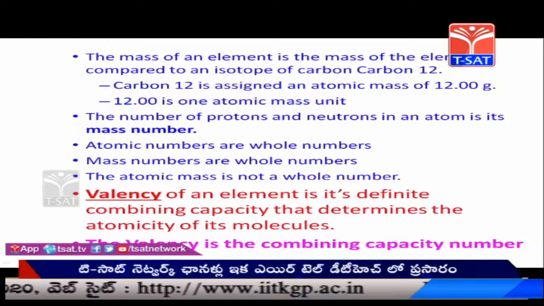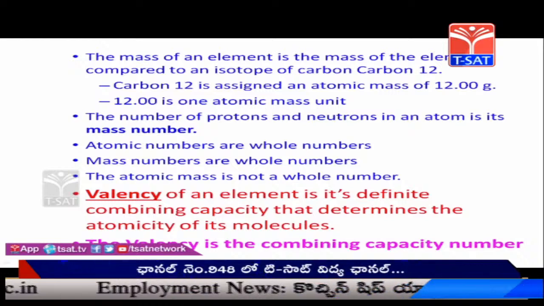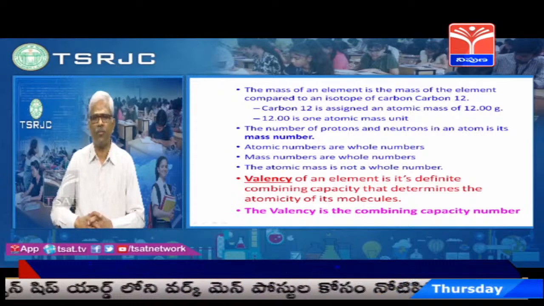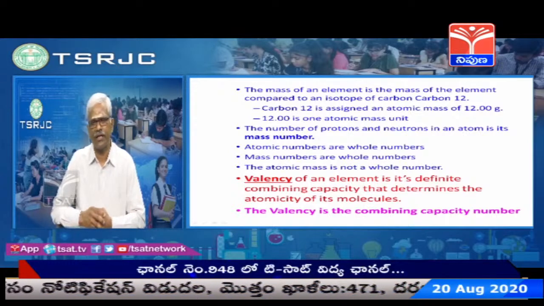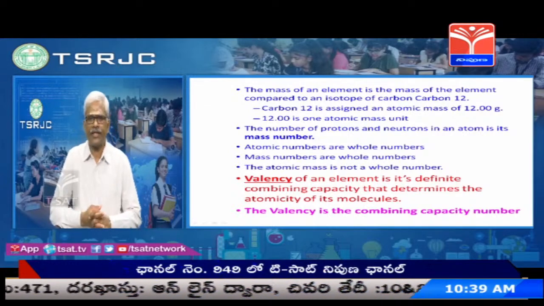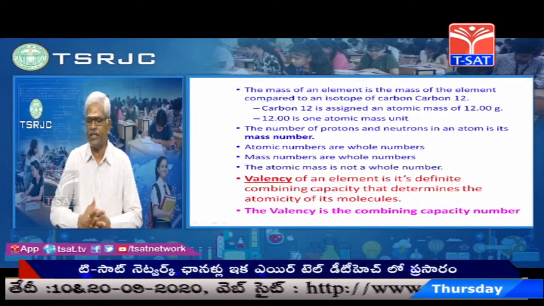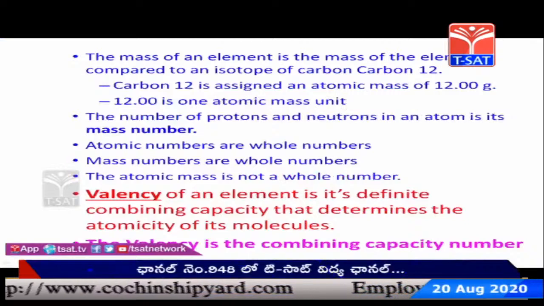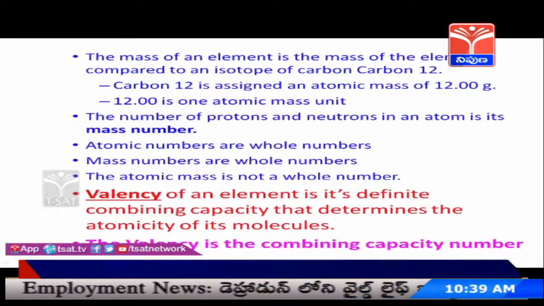Now, let us discuss valency. It is very important and it is the origin word for chemical reactions. Without understanding valency and valency number, we cannot understand any chemical reaction. Valency of an element is its definite combining capacity that determines the atomicity of its molecules.